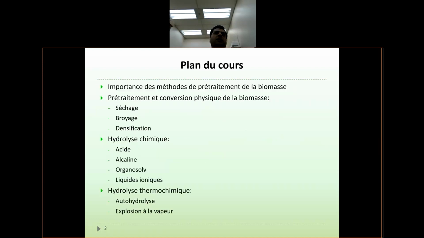Okay, so here is the structure of the course that we are going to talk about in this chapter. After talking about the importance and methods of pre-treatment, we are going to start with physical treatment and conversion of biomass, essentially by drying, grinding, and densification.